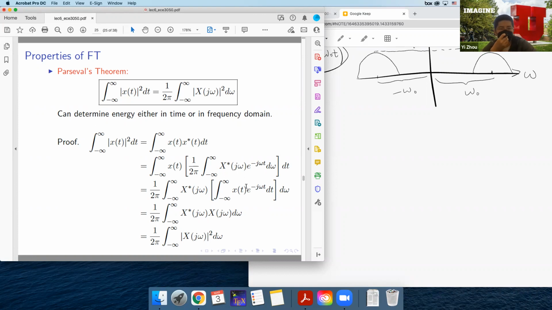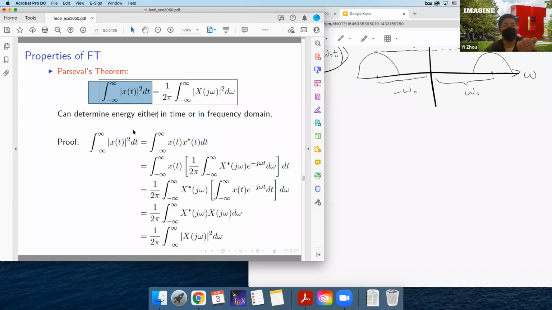And the Parseval theorem, this is the same as what we have in the Fourier series. The form is a little bit different, but the underlying idea is the same, which says that the energy is preserved in both the time domain and frequency domain. So in the time domain, we are looking at the energy of the signal.